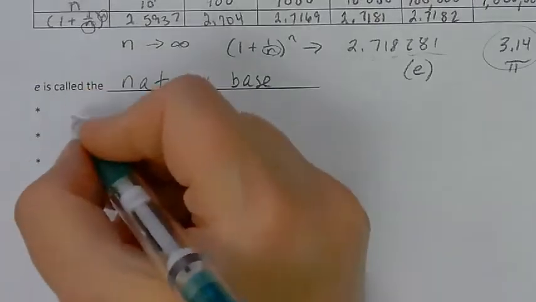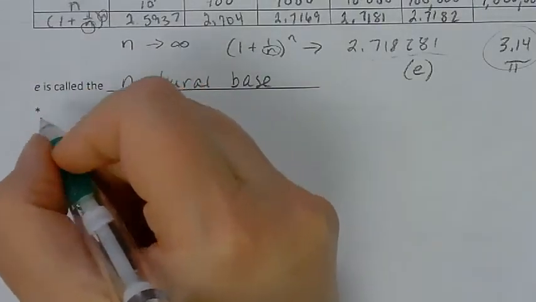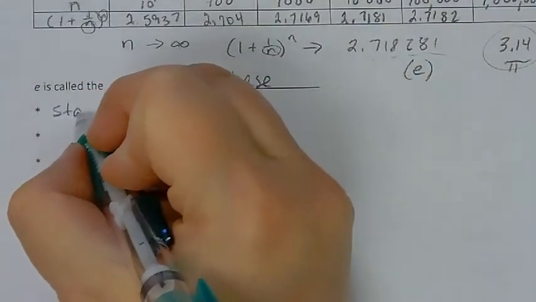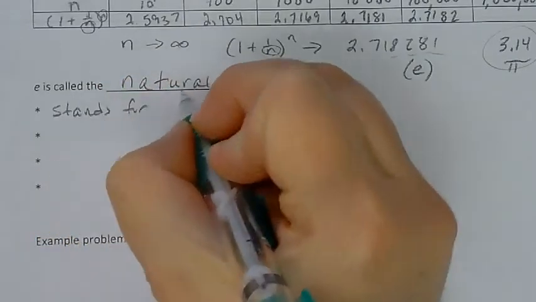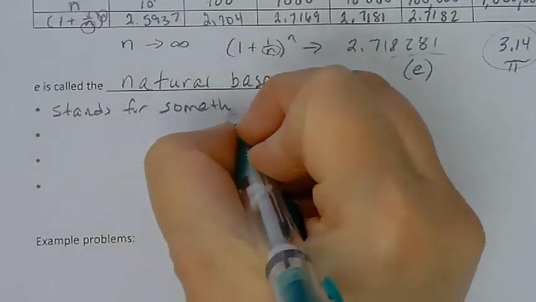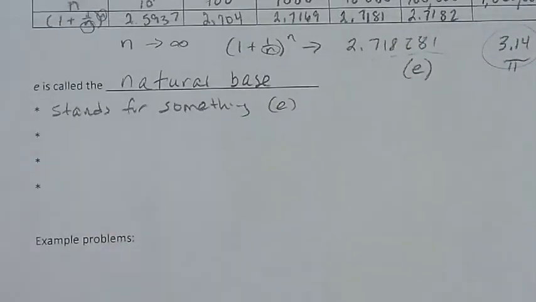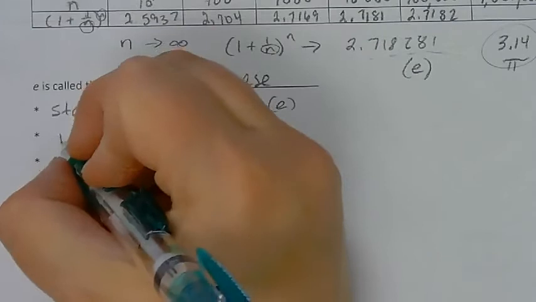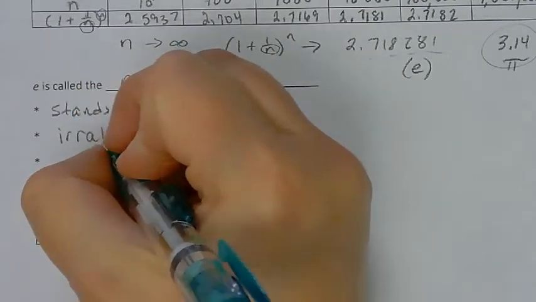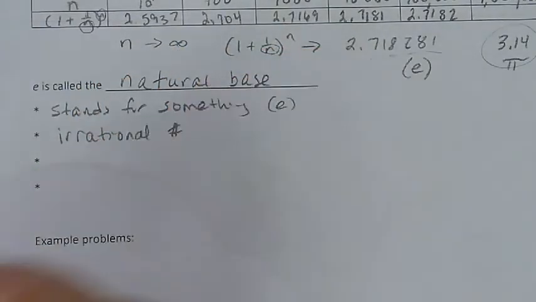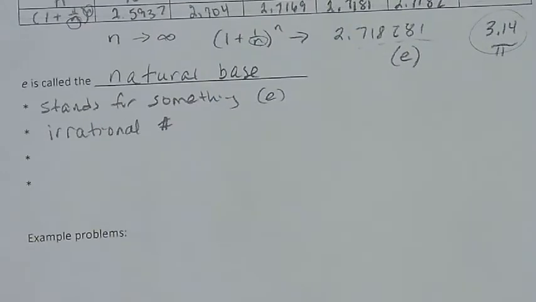We use it like we use pi. It stands for something. e stands for 2.718. It's an irrational number. That means it goes on forever, it never repeats and never terminates, kind of like pi does.